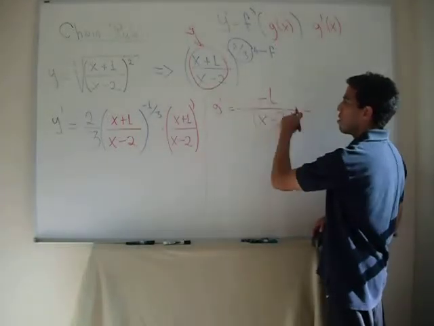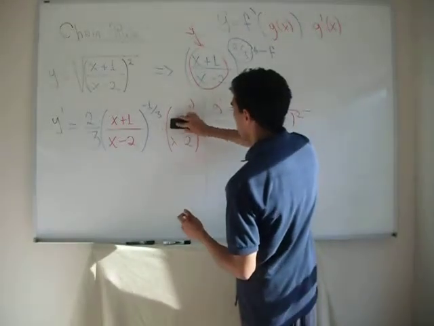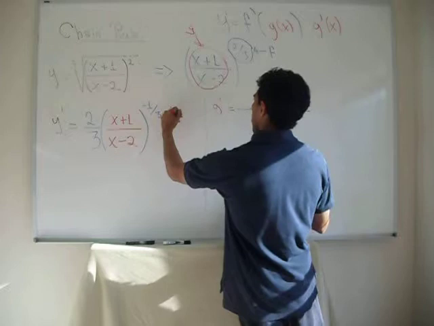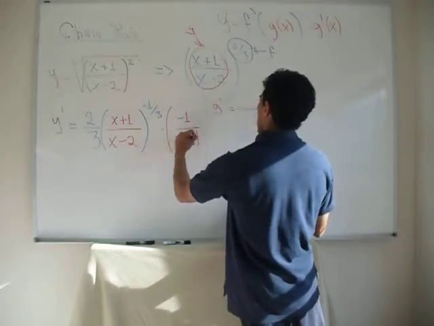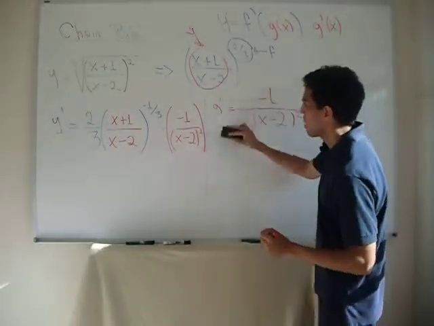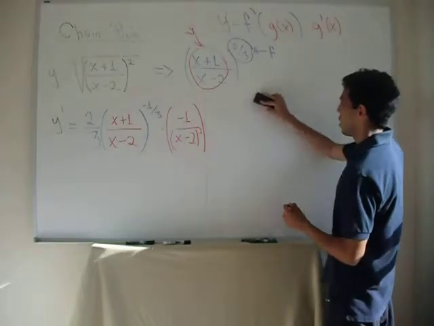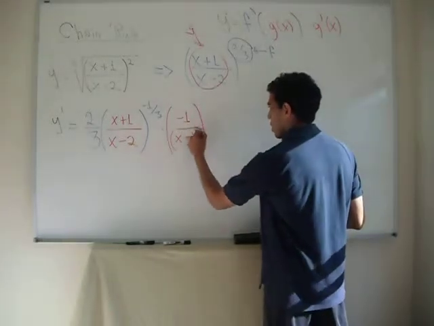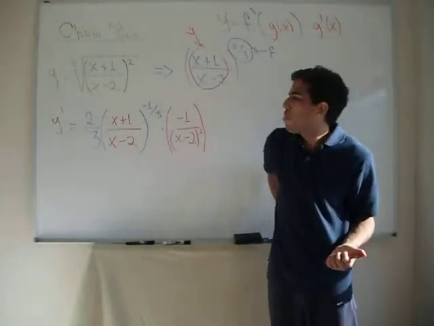So now I put this in here, which is the internal derivative: minus 1 divided by x minus 2 squared. Okay? I can delete this. There we go. So all I have to do now is simplify.